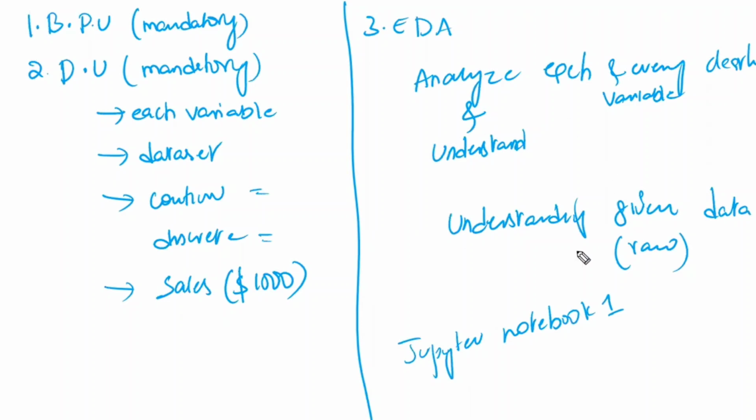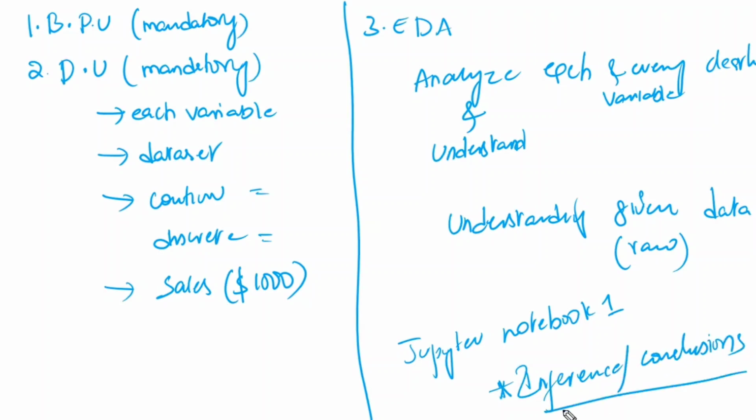Whatever observations you have made, write inferences for each of them. From this, whatever inferences or conclusions you have got, write everything. Whether you write in the Jupyter Notebook or in the PPT is your choice.